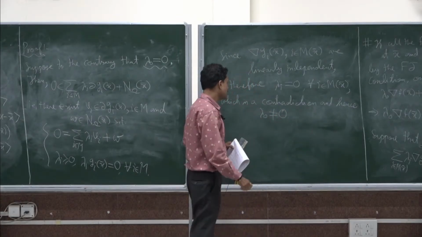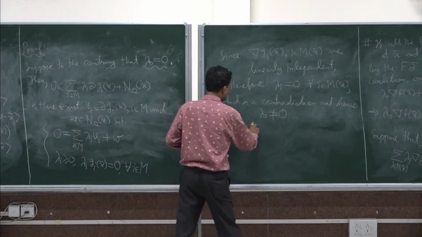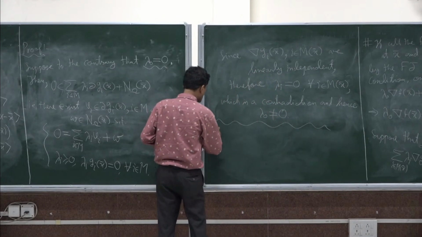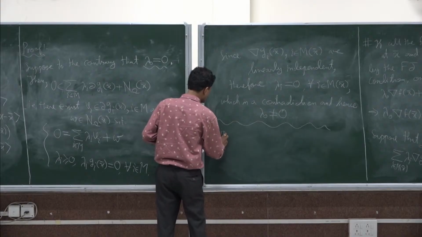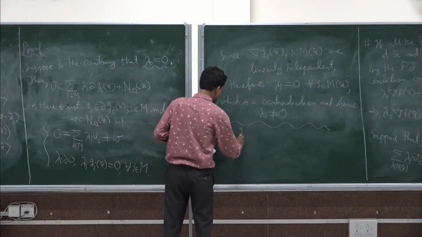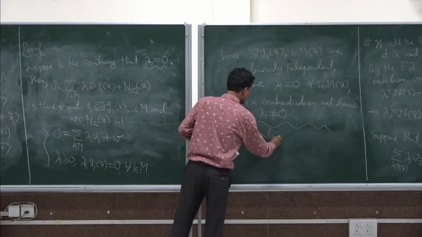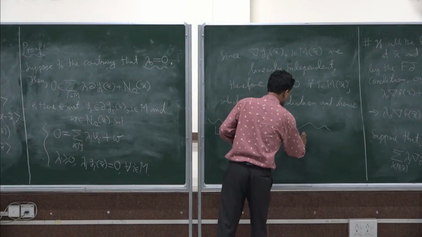So, again we have this result, and it is called the linear independence constraint qualification.